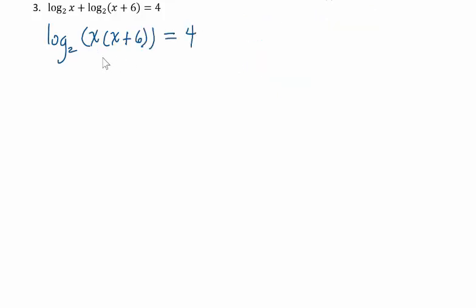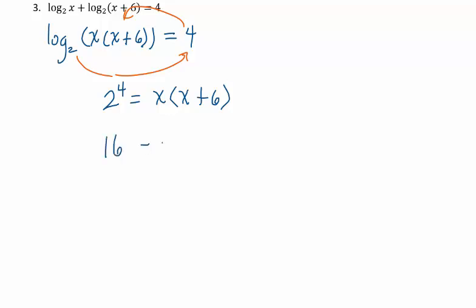If we rewrite this in exponential form, we start at the base: 2 raised to the 4th power is equal to x times x plus 6. We simplify. 2 to the 4th is 16, and x times x plus 6 is x squared plus 6x. Now we have this quadratic equation that we're going to try to solve, and one possible option is factoring.